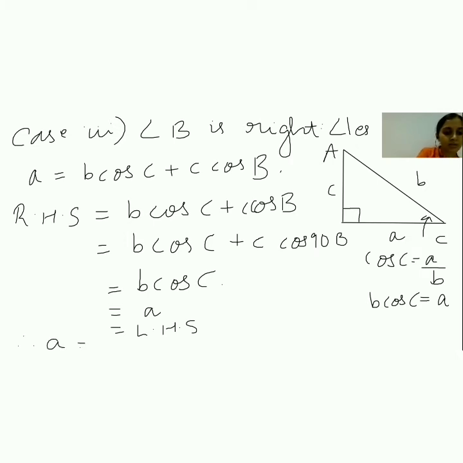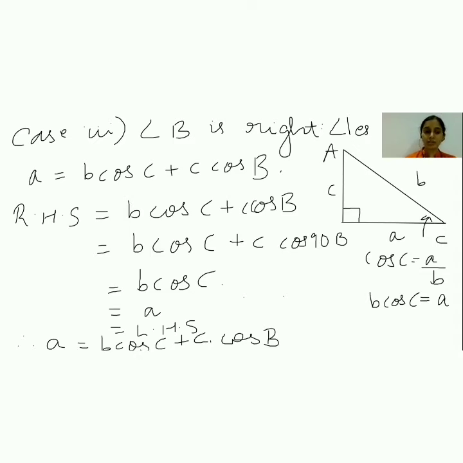Therefore we can say A is equal to B cos C plus C cos B. Okay, so we have proved the condition for all the three cases. The first one is B and C are acute angles, the second one is B is an obtuse angle, and the last one is B is a right angle.